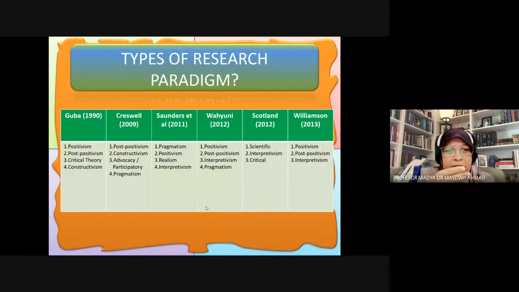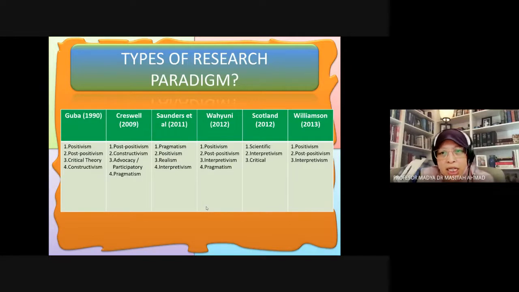Okay, but in Creswell, they have positivism, constructivism, advocacy, participatory, and pragmatism. And then we have Wahyuni, 2011. He had positivism, post-positivism, interpretivism, and pragmatism.